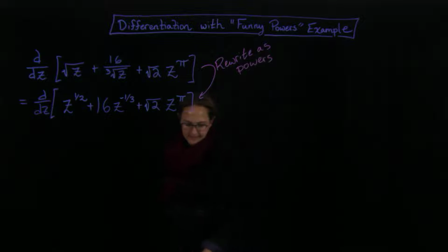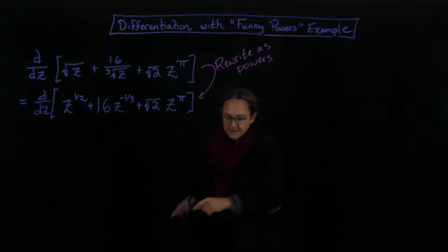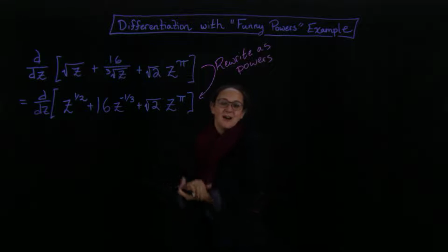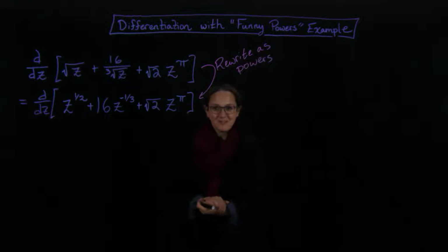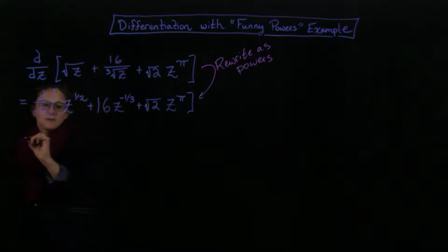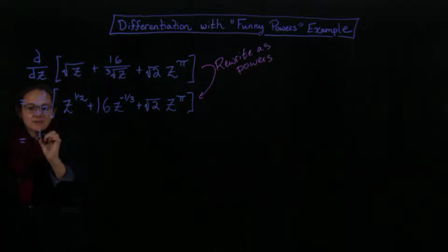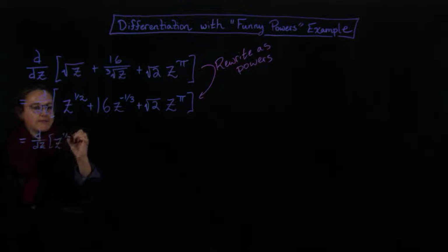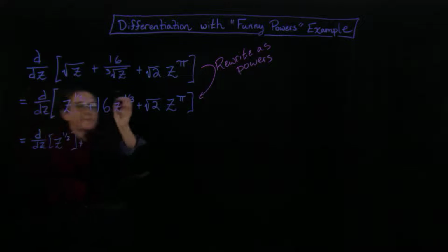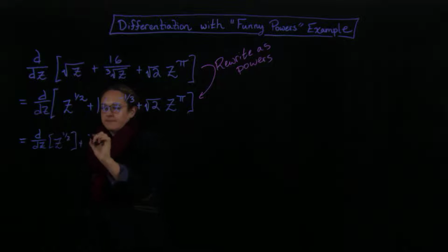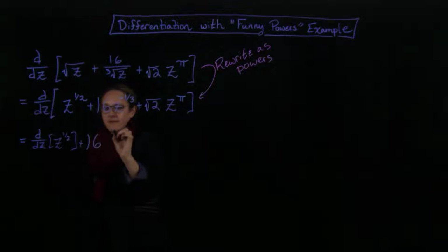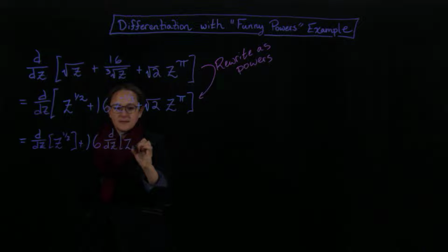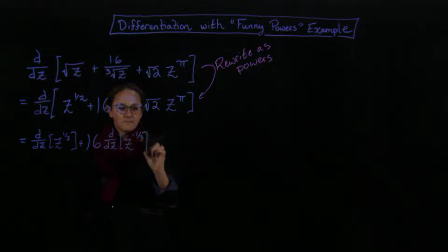Next step. In this step, I want to use my linearity to break these up, just like we did when we did the polynomial. So let's go ahead and do that. There's no constant in front of this one, so I can just go d dz of z to the 1/2. For this one, I can pull out the constant, and then I take d dz of z to the minus 1/3.